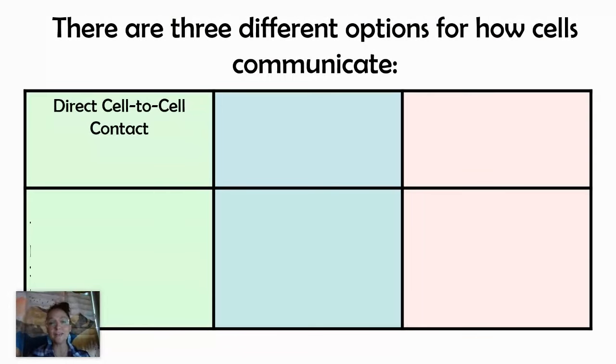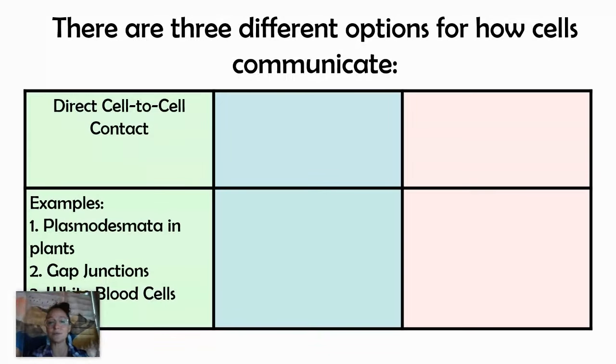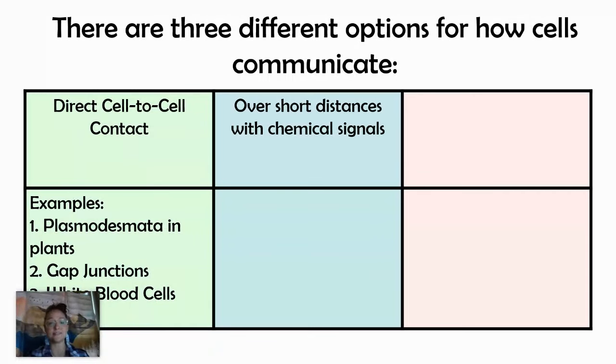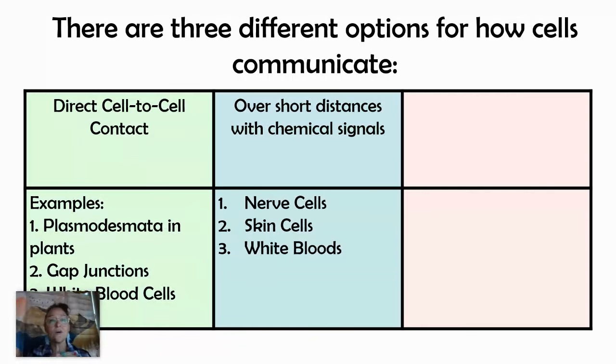First, we have direct cell-to-cell contact. We see this in plant cells with plasmodesmata, and in animal cells we have gap junctions and white blood cells. The second way is over short distances with chemical signals, like between two neurons, in your immune system, some white blood cells, or even quorum sensing, which I don't have listed here, but that's another short-distance communication.